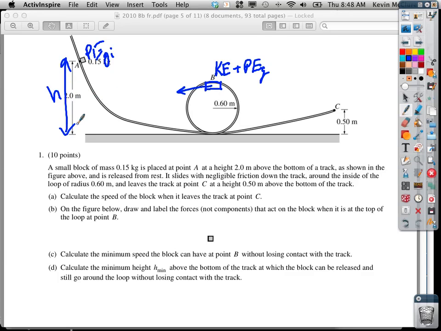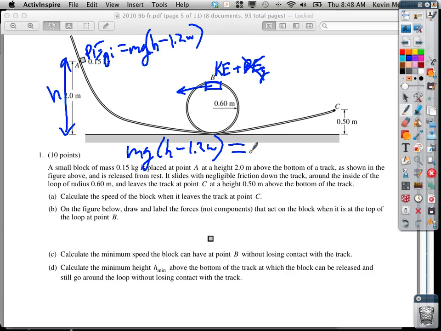If you wanted to, you could say this PEG is mg(h minus 1.2 meters). You could just do it in one shot. So you would say mg(h minus 1.2 meters) has to be equal to KE final, or instead of KE final, we could say 1/2 m v final squared.